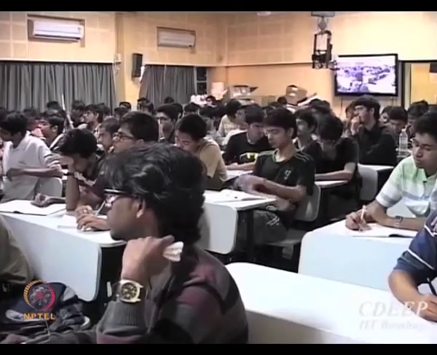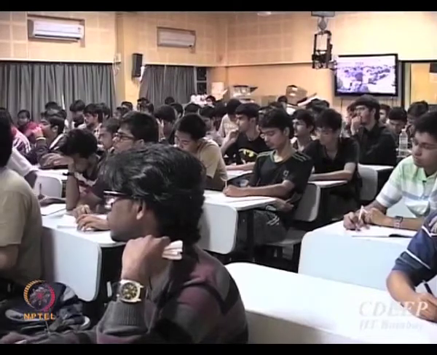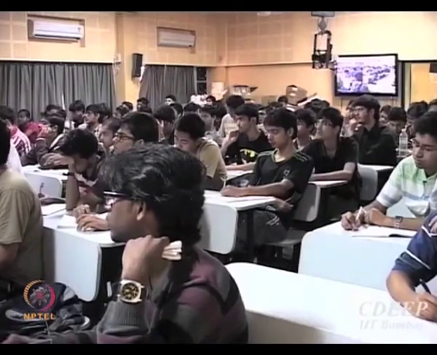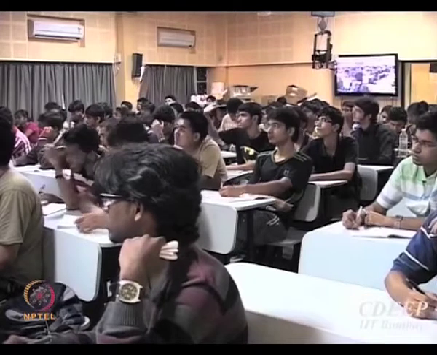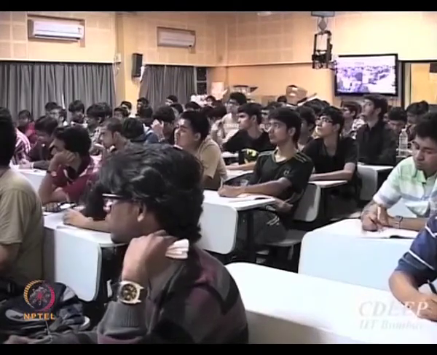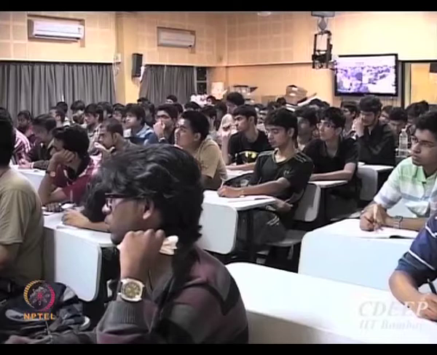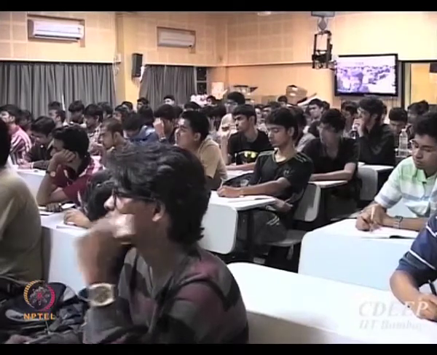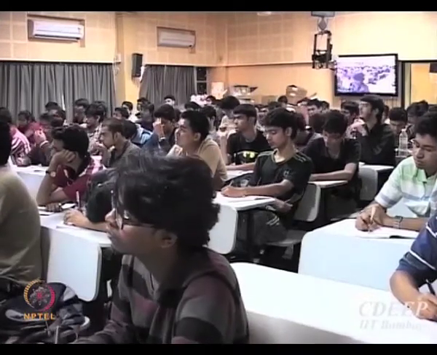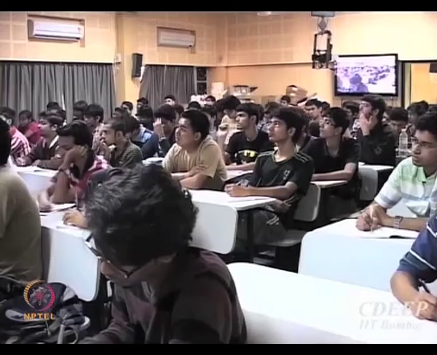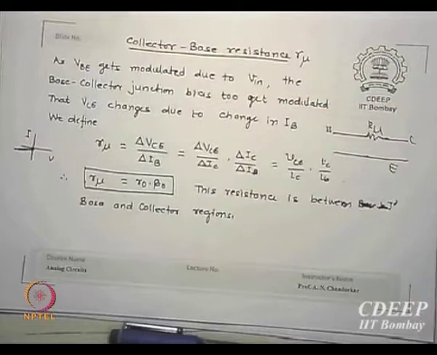So there is a connection between output and input, whether you like it or you don't like it. R mu may be hundreds of mega ohms or tens of mega ohms, but it exists with a finite value. So we must know how finite that value is. That's why we calculate beta 0 times R0 as your R mu.